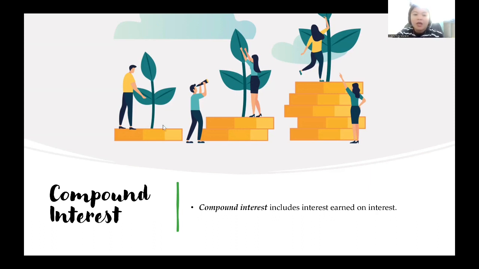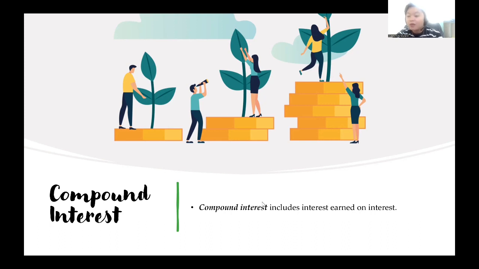Meaning, your money grows after a certain period of time, earning interest. The interest earned is treated as your next principal, so it earns interest again after another period of time.